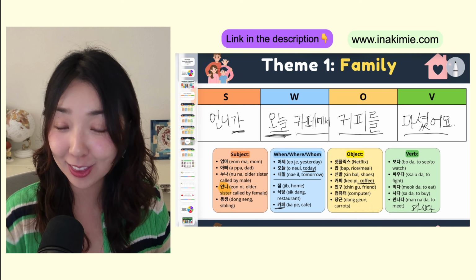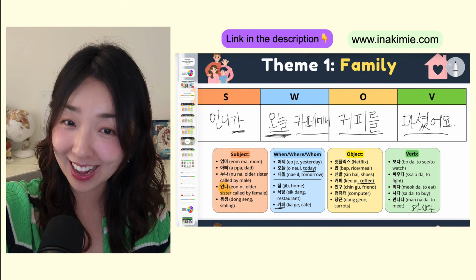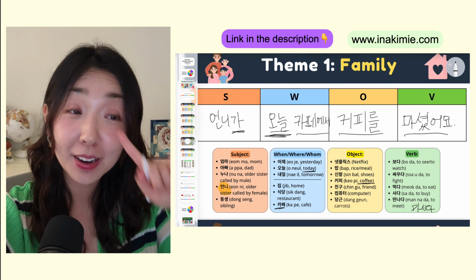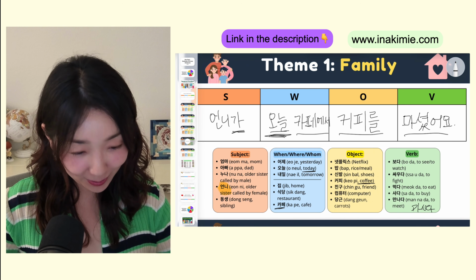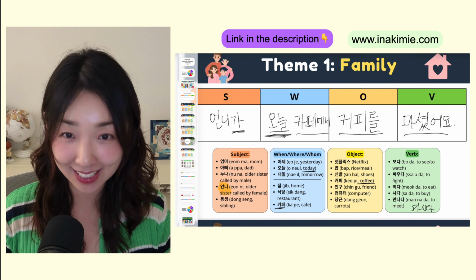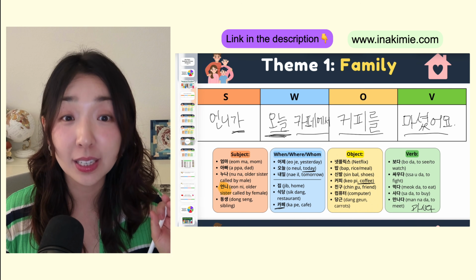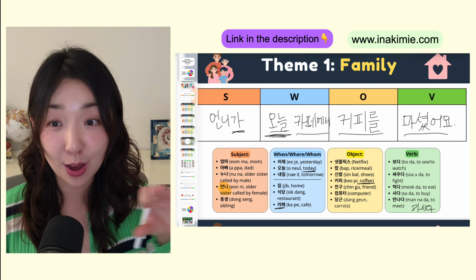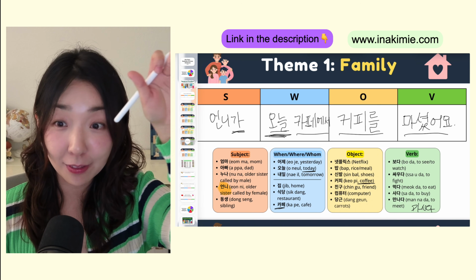Can you try it? 3, 2, 1. 언니가 오늘 카페에서 커피를 마셨어요. Oh, that is the last sentence that we're going to form using the same page. One chart and a lot of words in this theme of family.